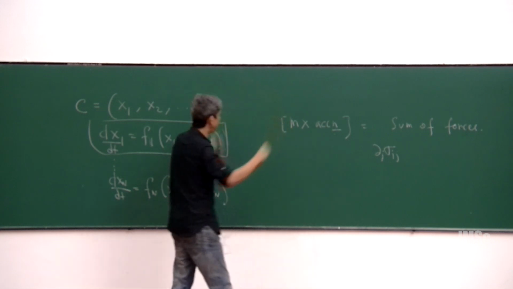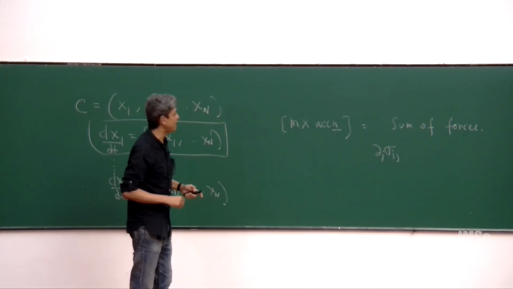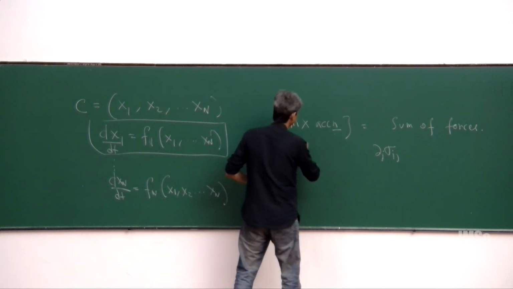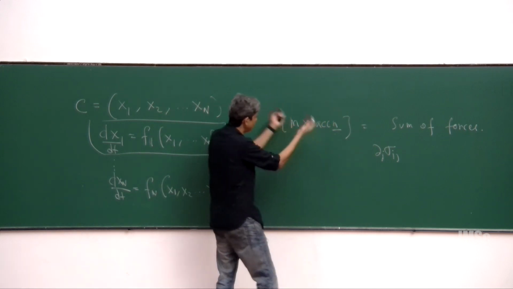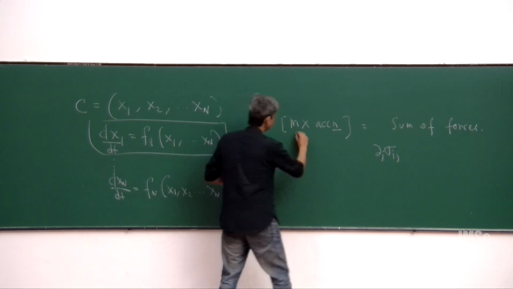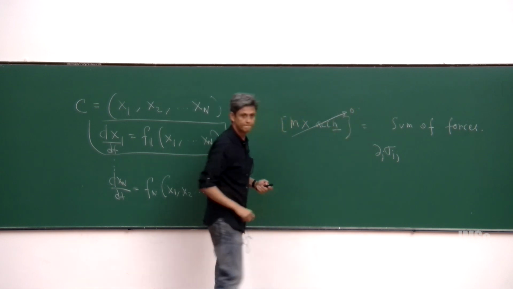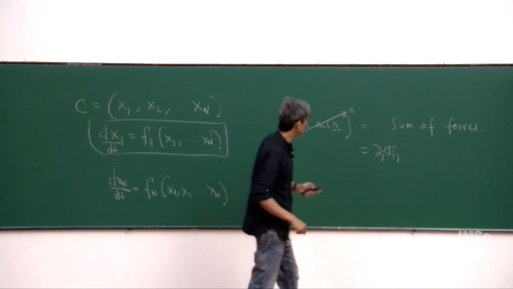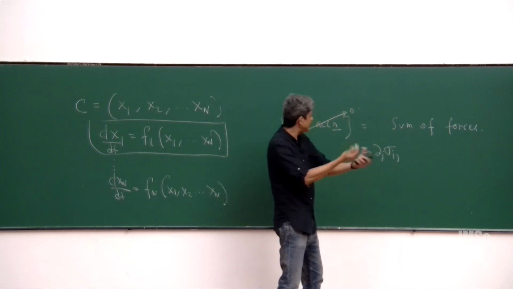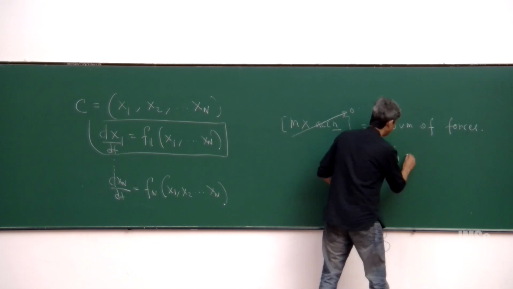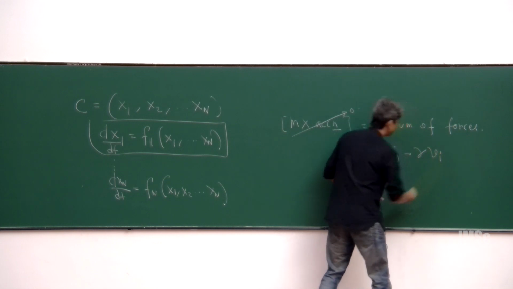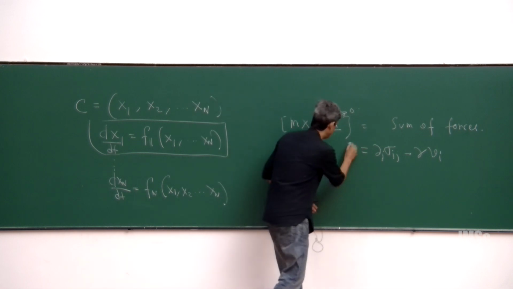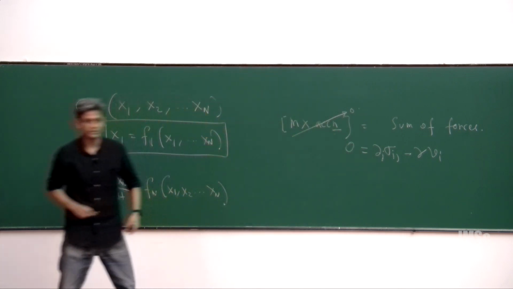Now, this cellular fluid is a highly viscous fluid, so it cannot accelerate. In other words, it is a fluid with very low Reynolds number, which means that you can drop this term. So what you have on the right hand side is this, plus any other forces. That force is a dissipative force, which is due to friction, because you have a substrate, a background on which the fluid moves.